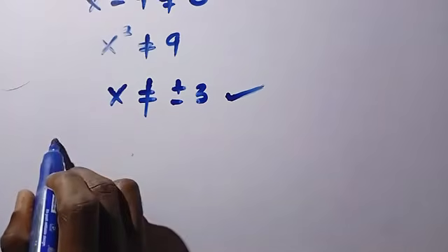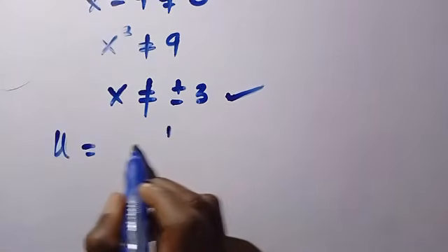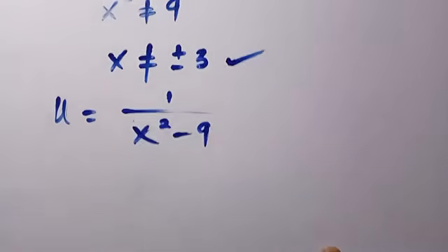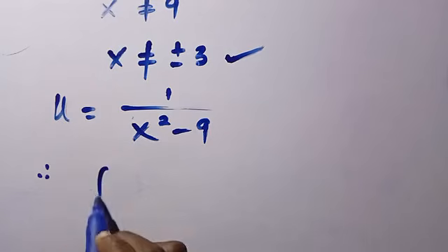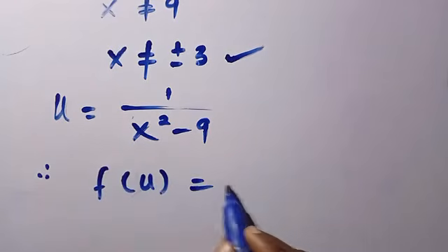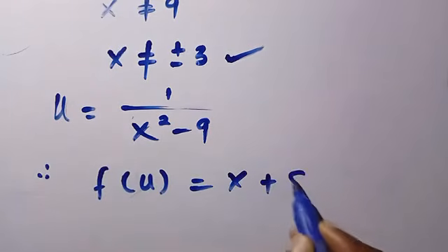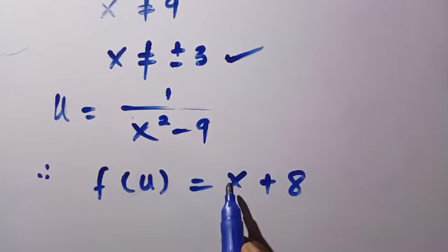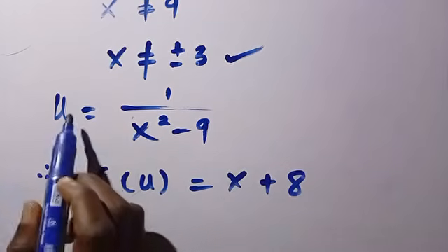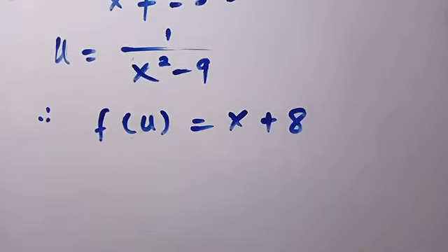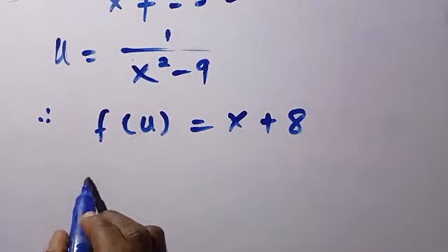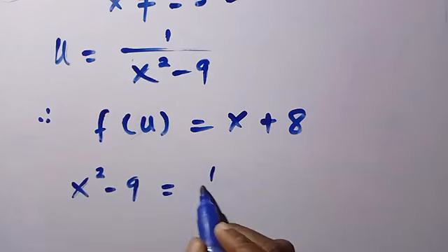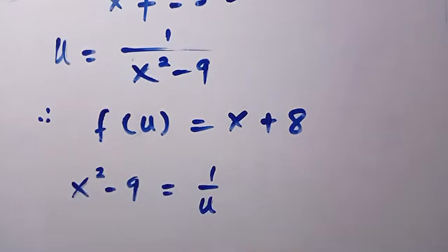To solve, as we have let u equals 1 divided by x squared minus 9, then we are going to have f of u equals x plus 8. But we have to make this one in terms of u as well. When we come down here, we have to cross multiply. When we cross multiply, the result gives us x squared minus 9 equals 1 divided by u.